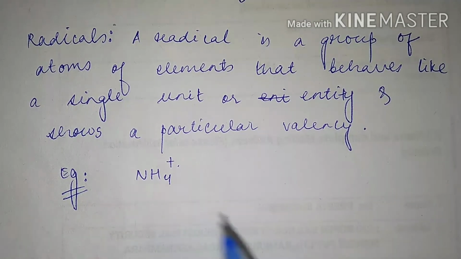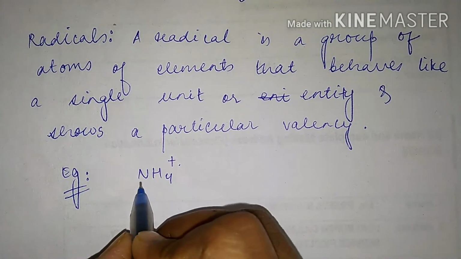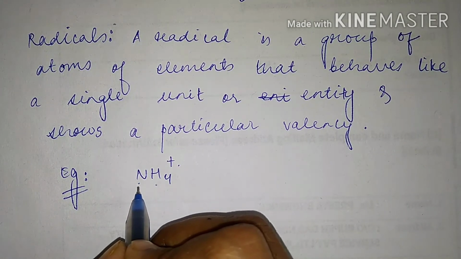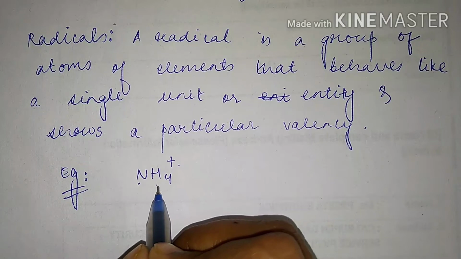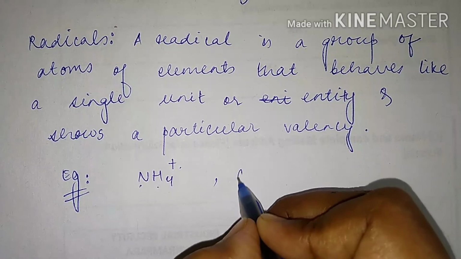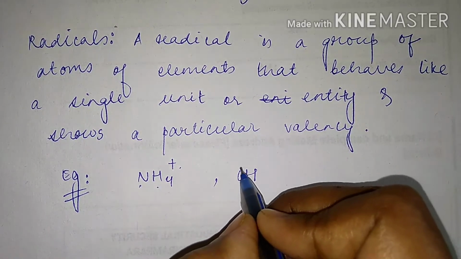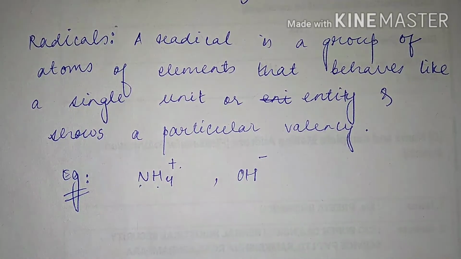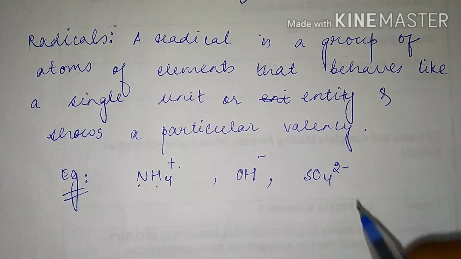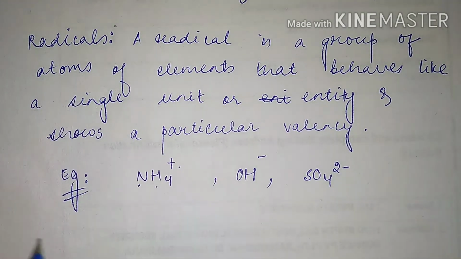Here we see that two types of atoms are present, nitrogen and hydrogen, but the total valency combination of this nitrogen and 4 atoms of hydrogen is plus 1. Same is the case with hydroxyl, where the valency is 1 negative. In case of sulfate, SO4 di negative. These are the examples of radicals.